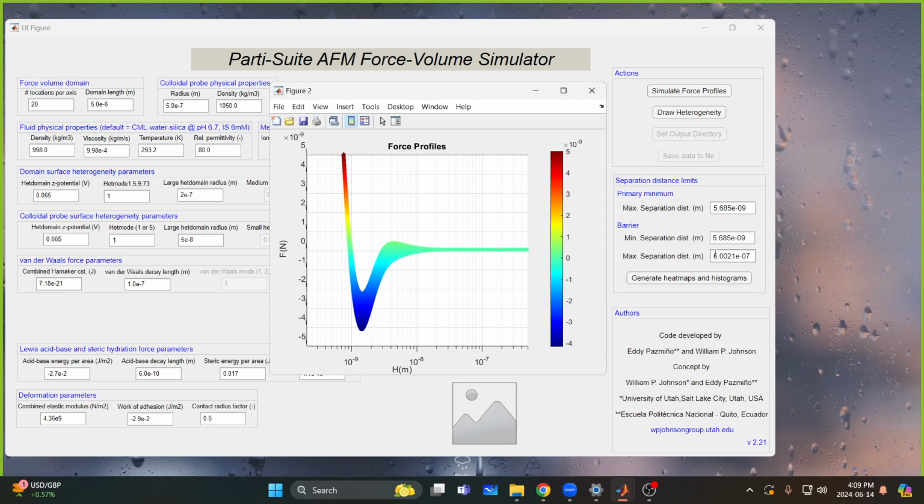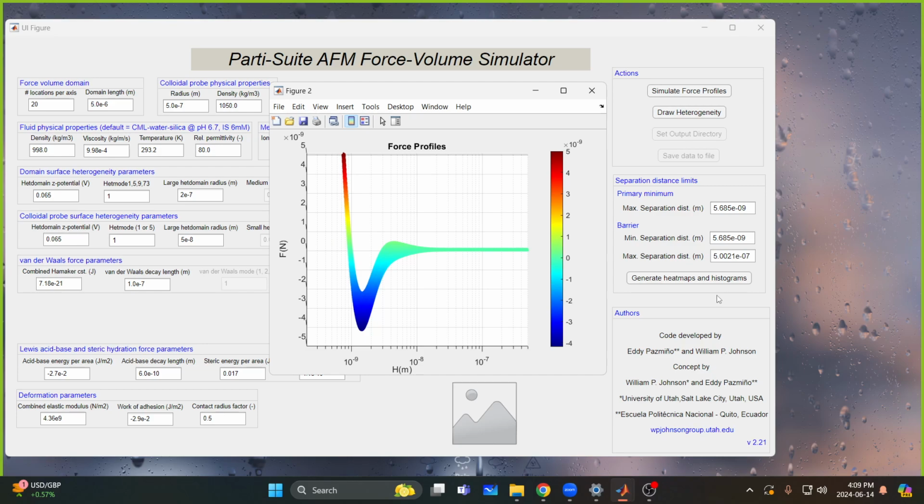And that the barrier is no closer than 5.68 nanometers, and no further than, of course, 500 nanometers. It's giving you a lot of room. But the point is, you can change those limits.